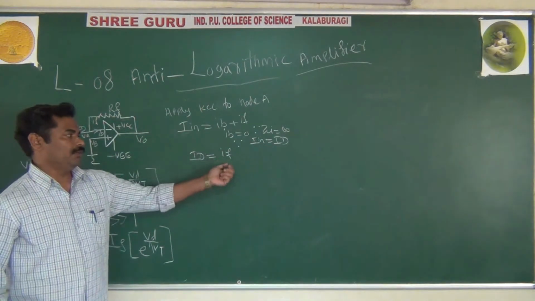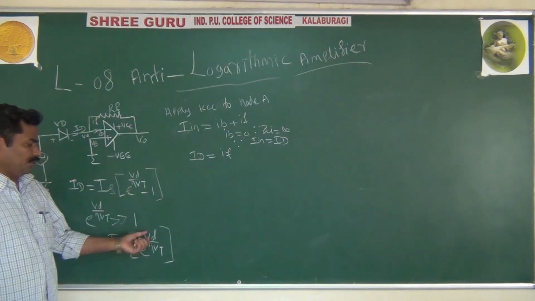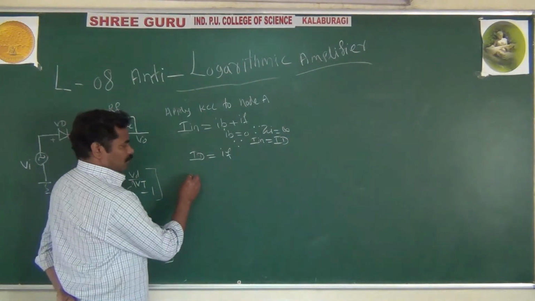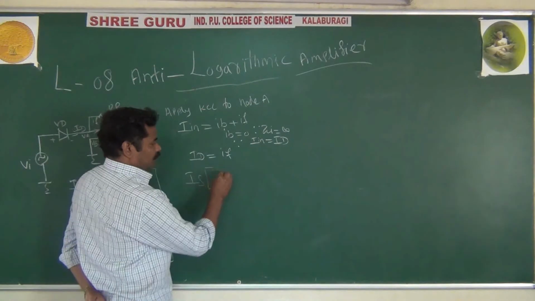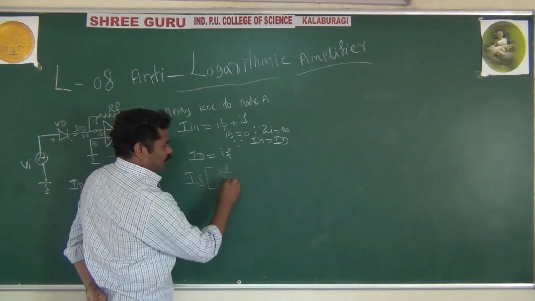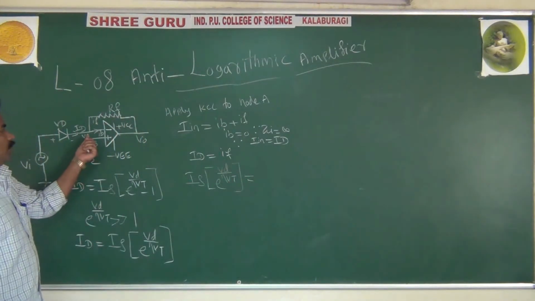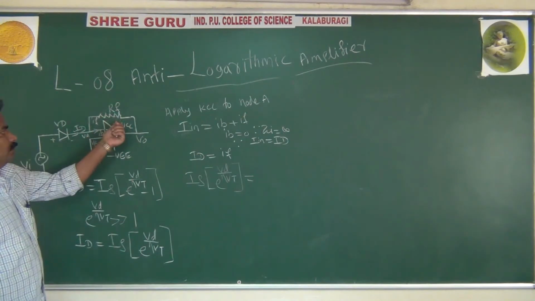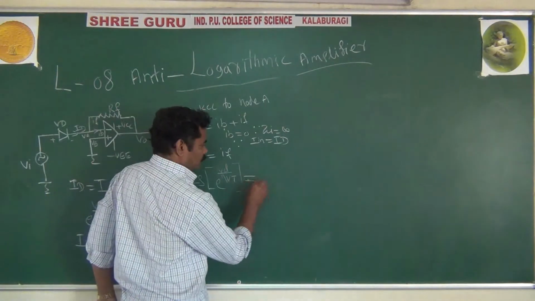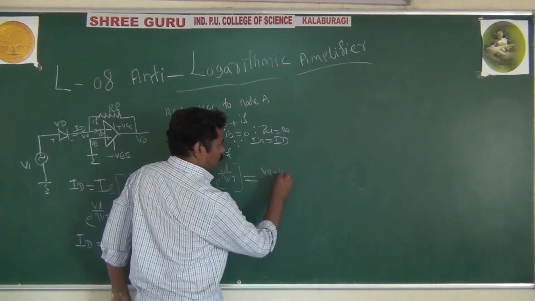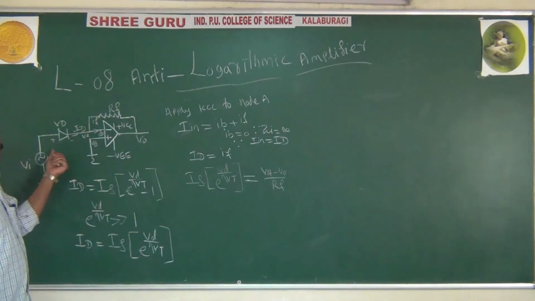And as usual, ID is IS e raised to VD by eta VT, and IF is VA minus V0 by RF.